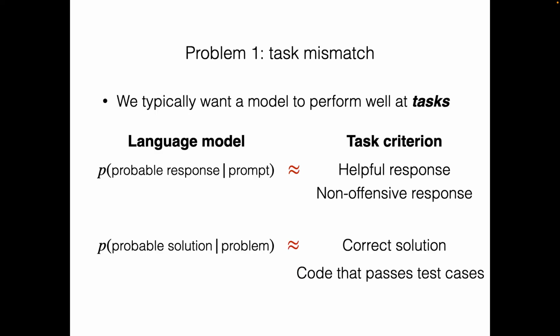When you think about it, we're assuming that a probable response is the same thing as a response or output that satisfies our task criterion. It's saying, well, maybe if we make a lot of good solutions more probable, then we'll get a correct solution, or we'll get code that passes test cases.